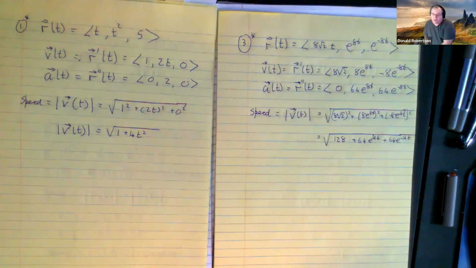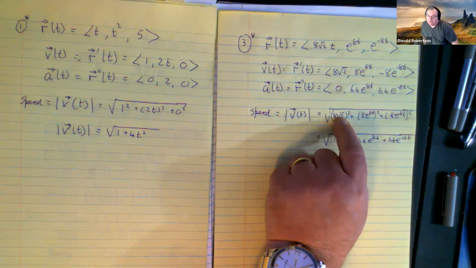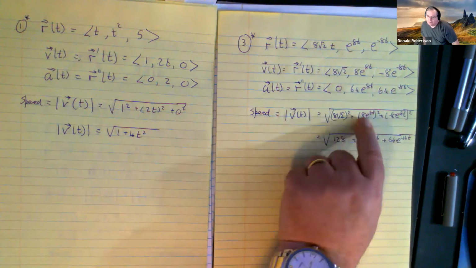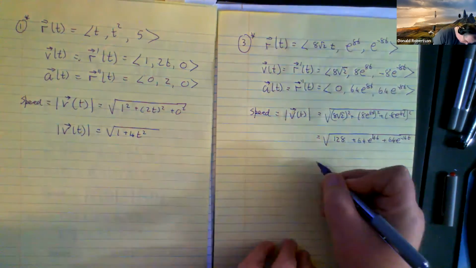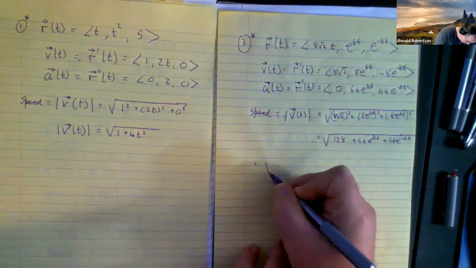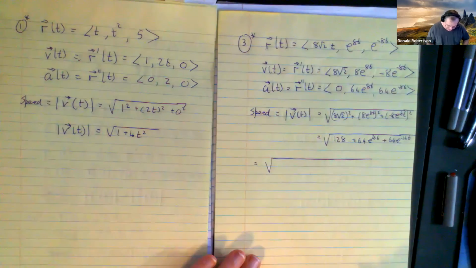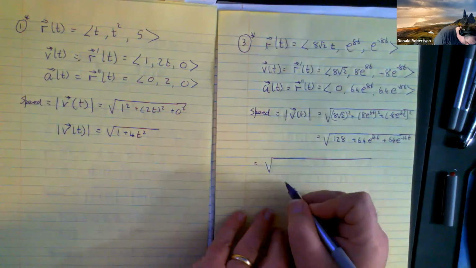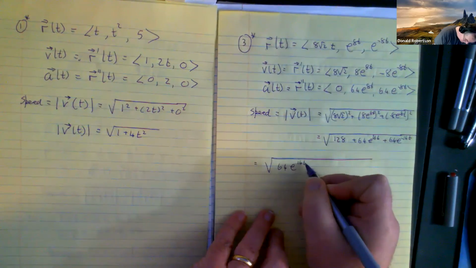Are we cool with those calculations? 64 times 2, 64 is this guy, 64 is this guy. And this one, this guy here, can be simplified. I'm going to take it really slow so I don't make a mistake, I hope.